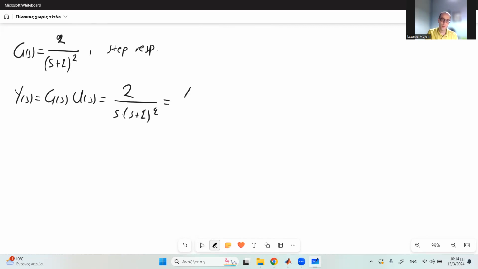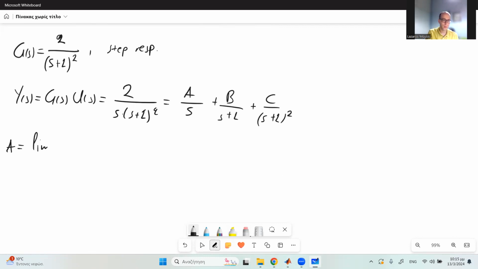And this will be broken down into 3 individual fractions: alpha over s, beta over s plus 1, then we have c over (s plus 1) squared. Nice. Okay, so now we need to find all 3 terms.